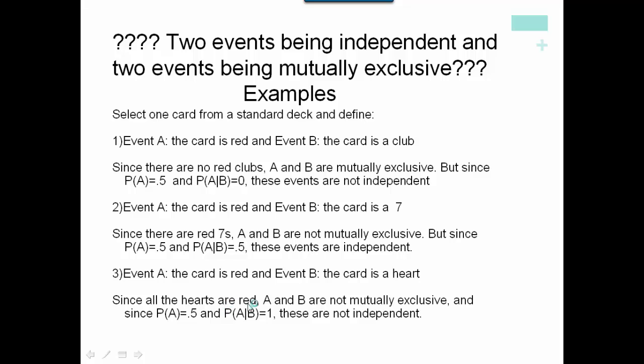All hearts are red. A and B are not mutually exclusive, and the probability of A, the card is red, is 0.5. Probability of A given B is 1, so they are not independent. So this is to try to help you see the difference between mutually exclusive and independent.